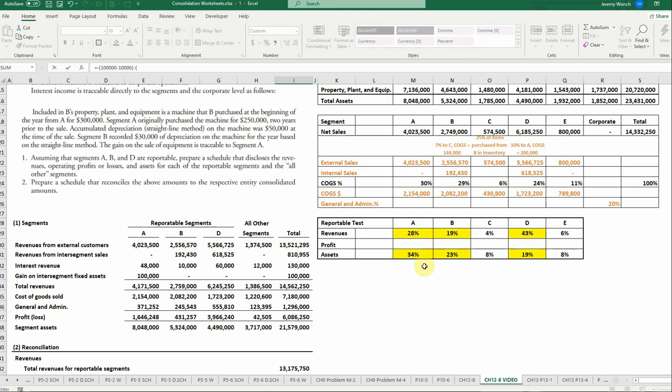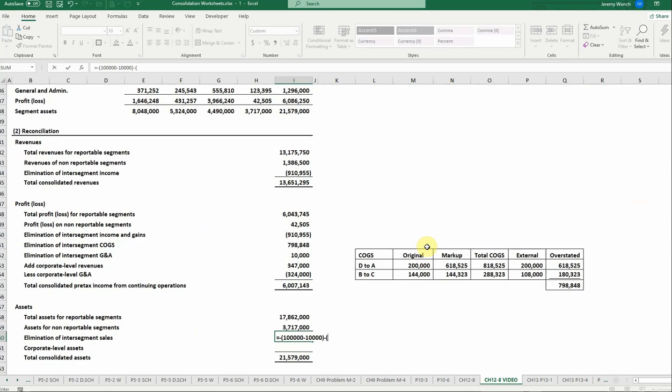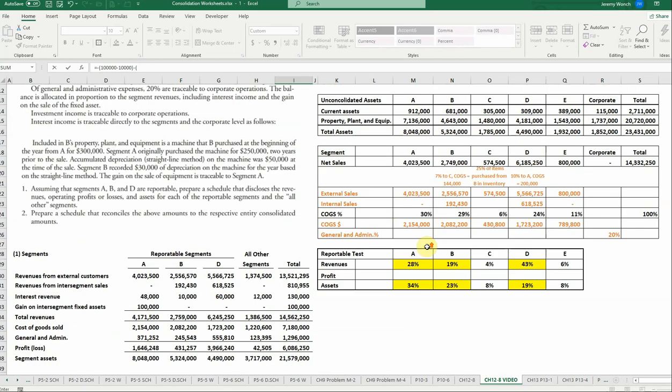So the overstated portion of that is going to be 25% of what B shows on, or I guess what C is going to show on their books, and we only want the difference.